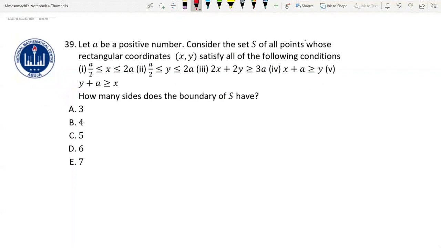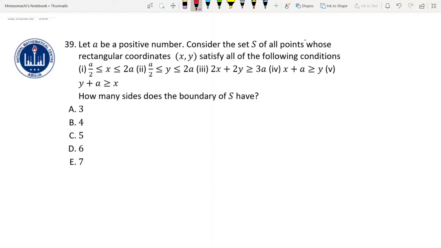Let a be a positive number. Consider the set S of all points whose rectangular coordinates x, y satisfy all the following conditions: a over 2 is less than or equal to x, less than or equal to 2a; a over 2 is less than or equal to y, less than or equal to 2a; 2x plus 2y is greater than or equal to 3a; x plus a is greater than or equal to y; and y plus a is greater than or equal to x.